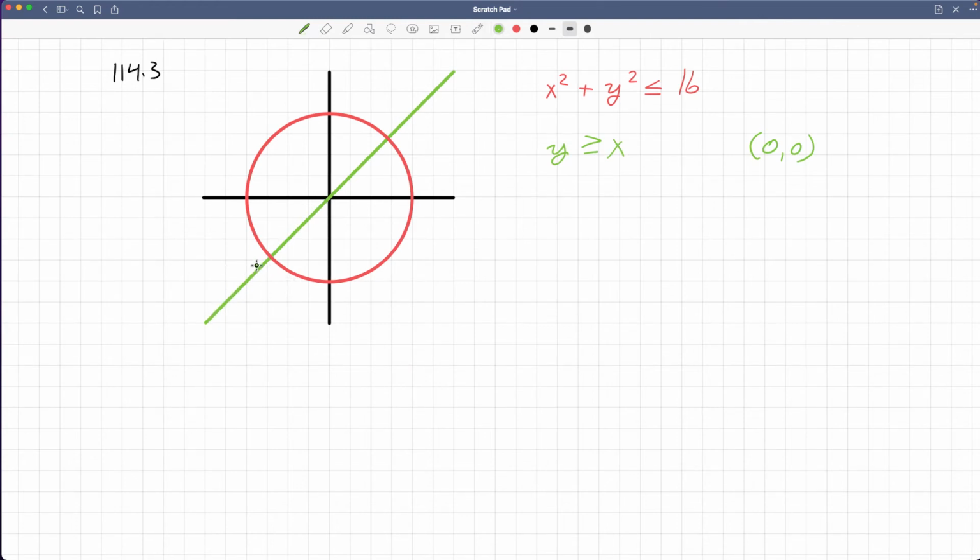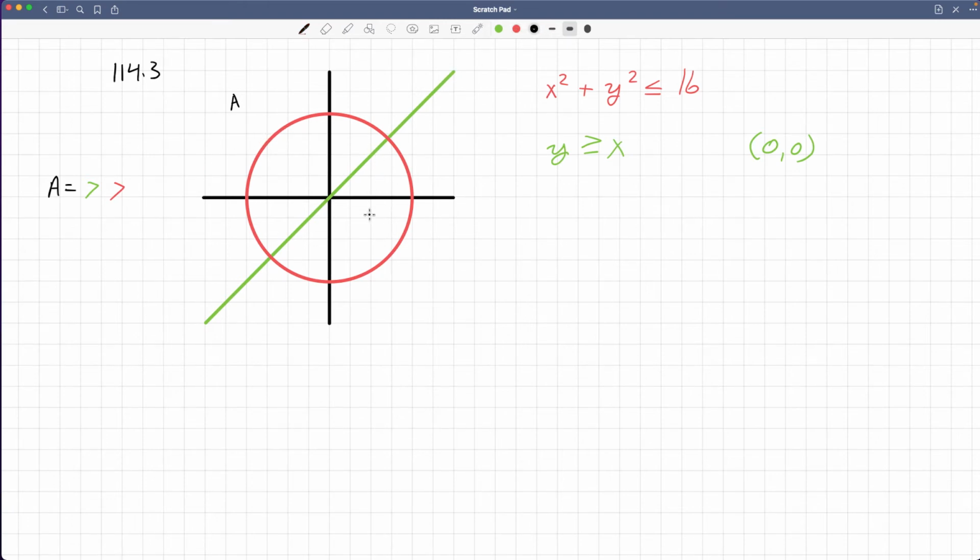So if it is above the green line and above the red line, they would both be greater than. That would be what we would call our section A, first area. And A would equal greater than on the green, and greater than on the circle.